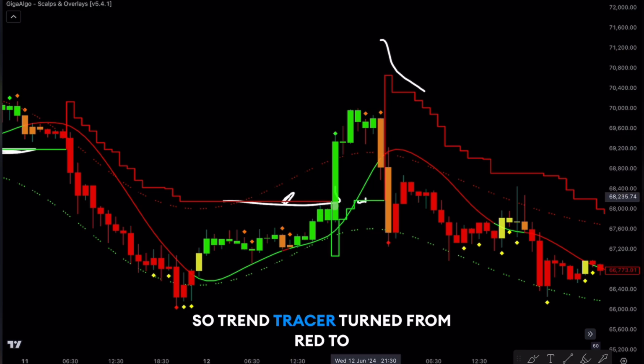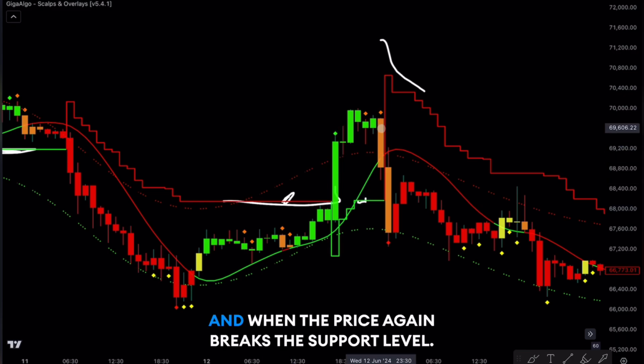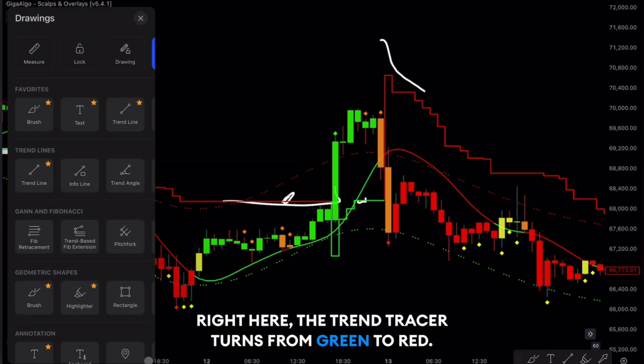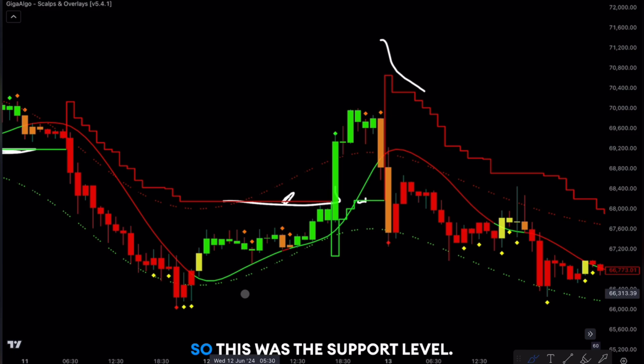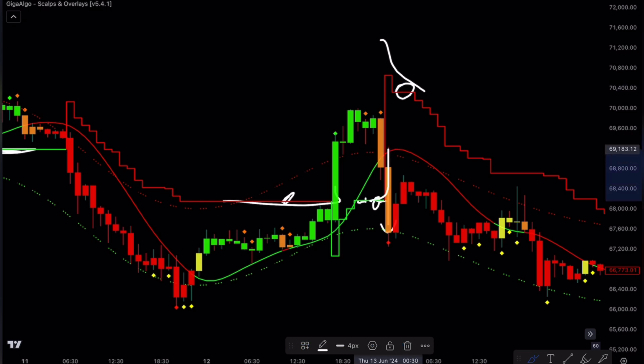So the trend tracer turned from red to green when the price broke the resistance. And when the price again breaks the support level, right here, the trend tracer changes from green to red. So this was the support level, the price broke it, and it changed from green to red, right?